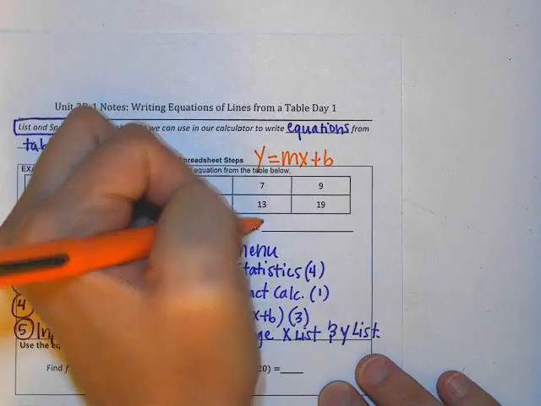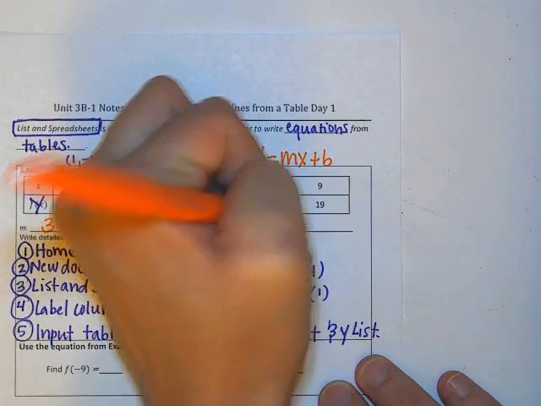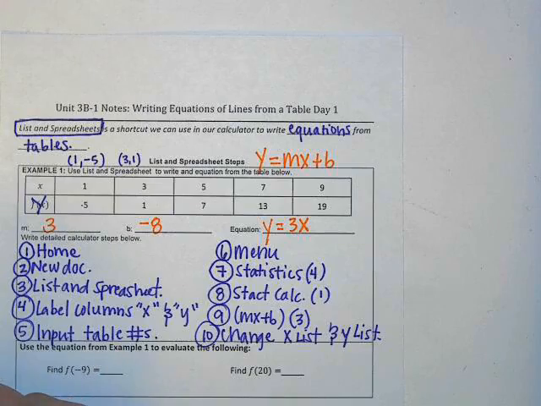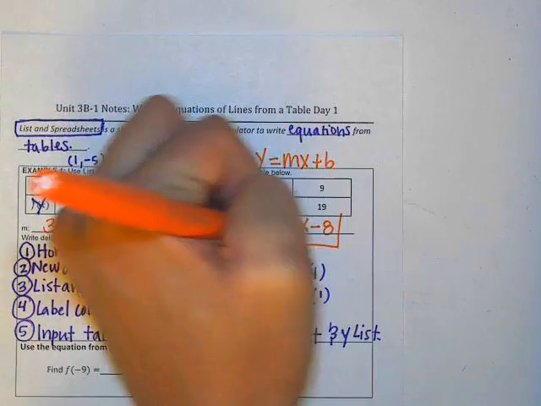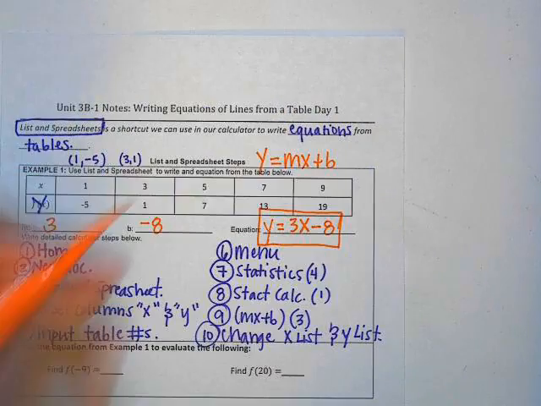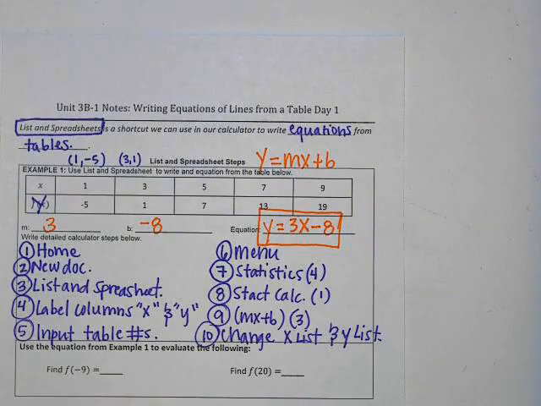So I'm going to start y equals, what's my m? 3. So 3x, and then my b is minus 8. Okay. Now, I'm finished with this problem. I did what it asked me to do. It was giving me a table, and I came up with my equation. That's all that it wants.